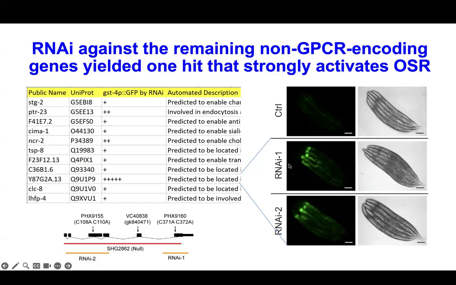We used two different RNAi and saw exactly the same phenotype, the elevation of the baseline of the GST4 GFP reporter. And we also confirmed the causality, the specificity of the loss of function phenotype by confirming the same elevation of the reporter in the genetic knockout mutant.